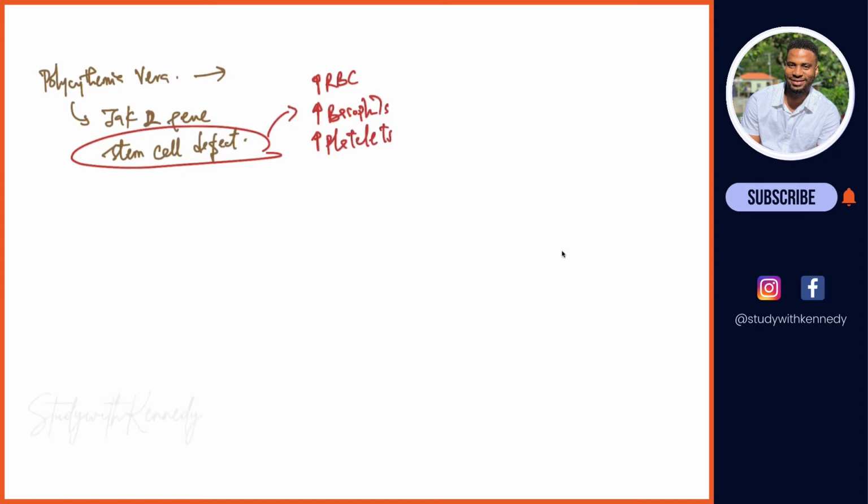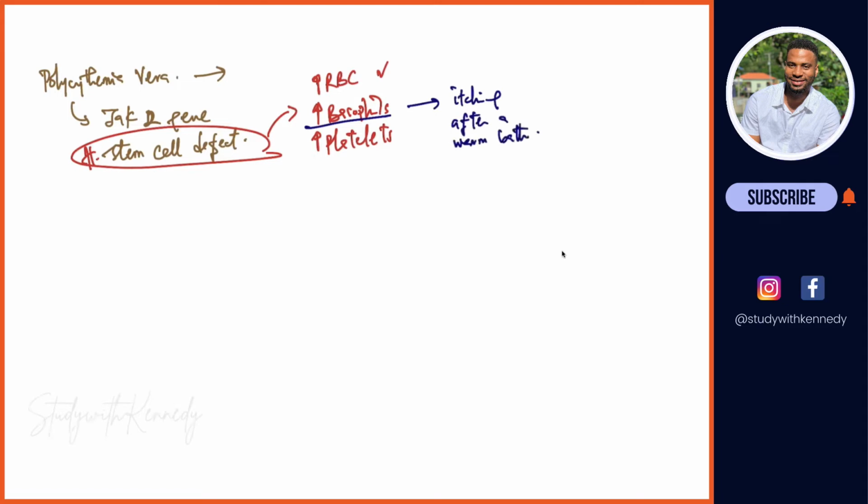So more than likely, hematopoietic stem cells will become a variety of cells, and all of those cells will have an increase in number, but especially the red blood cells. Because there is an increase in basophils, these basophils are going to release histamine and all of those contents, and this will result in itching. So this patient is going to have itching, especially after a warm bath.